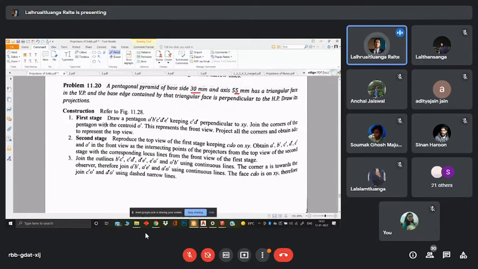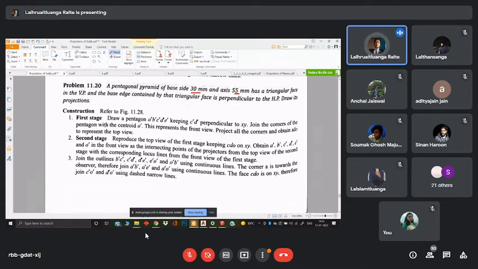So it will be similar to one of the problems that we explained in the later part of the class in the previous section, wherein one triangular face of a hexagonal pyramid is resting in the horizontal plane.